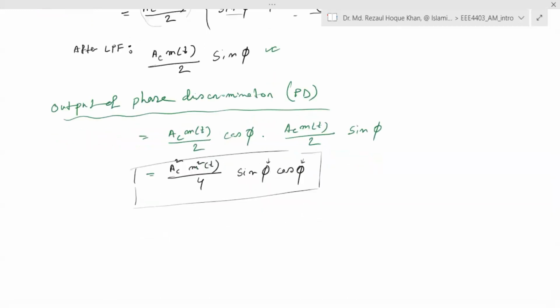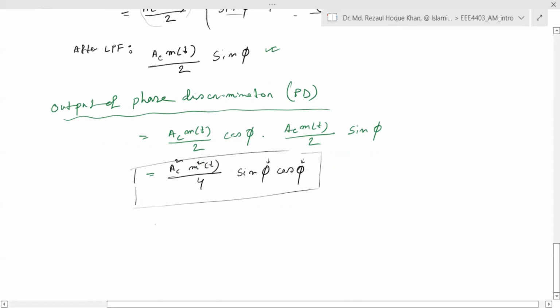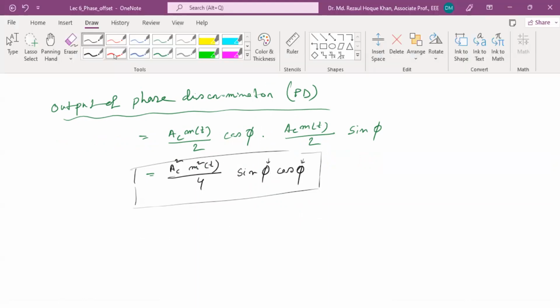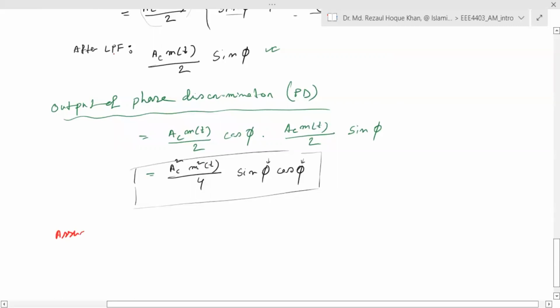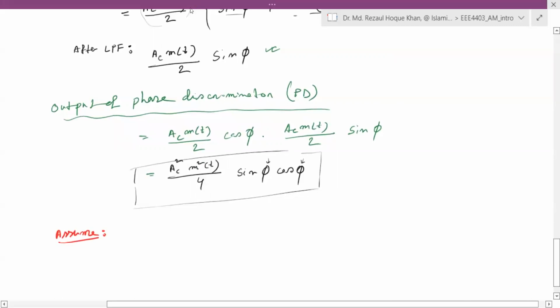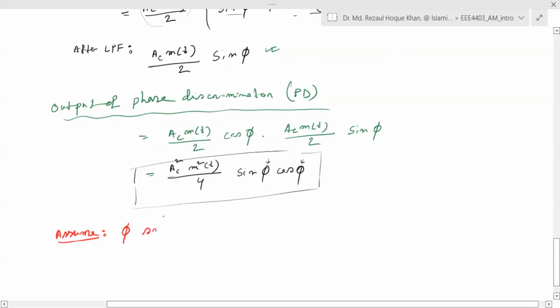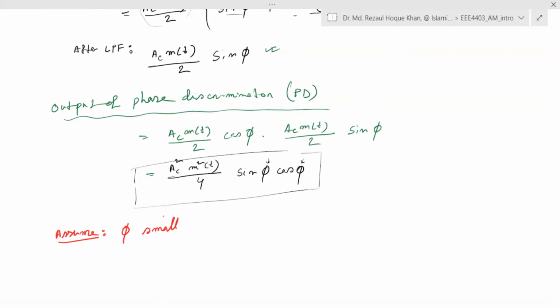Now, how will this VCO work? Let's make an assumption: we assume that phi is small, because the phase offset will not vary much.